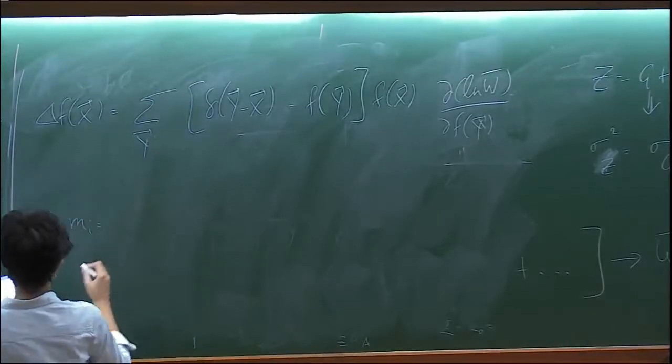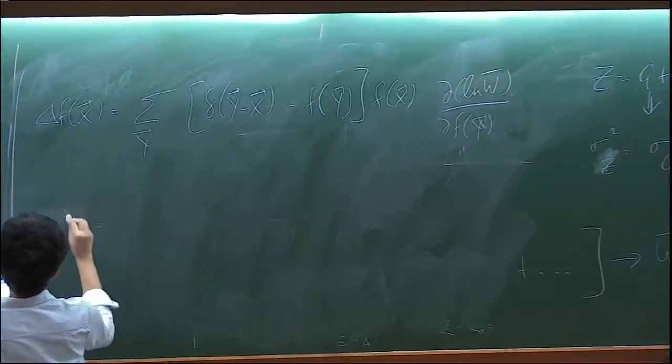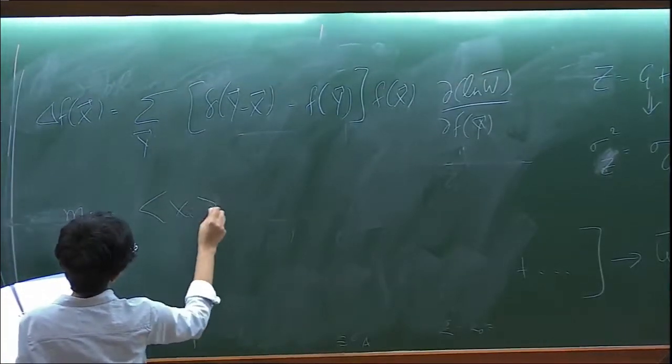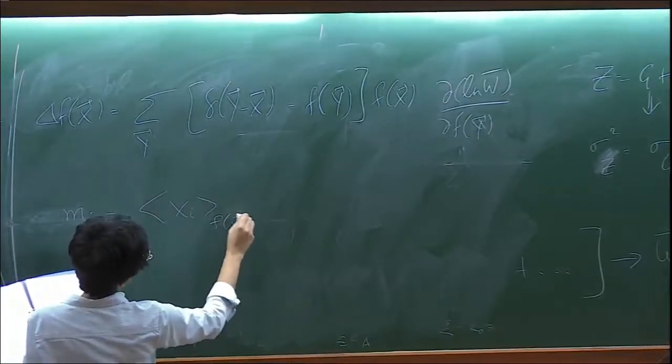So mi is the expectation value of xi with respect to this distribution f of x vector.